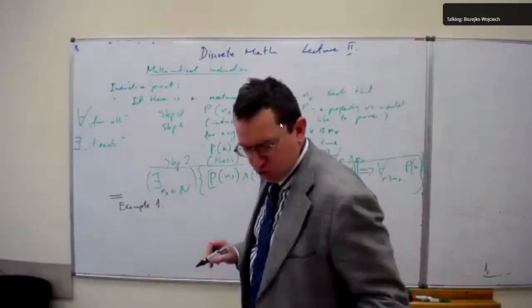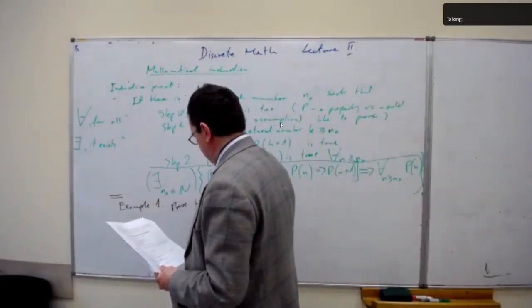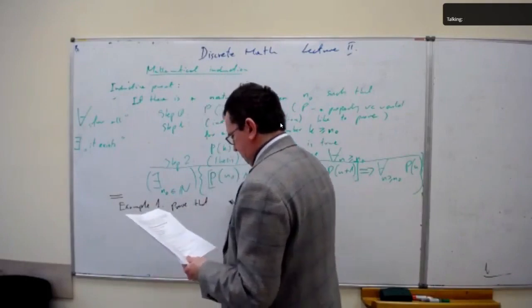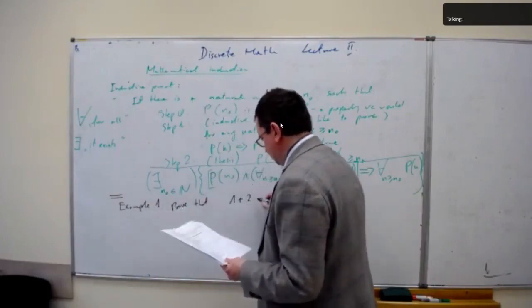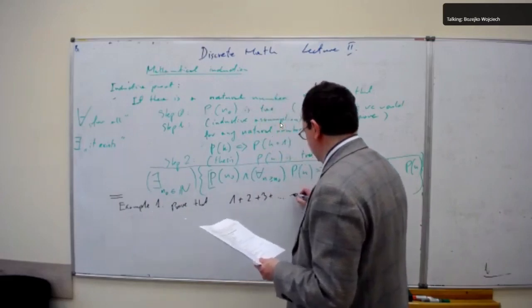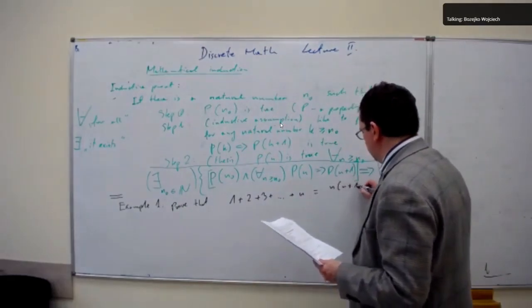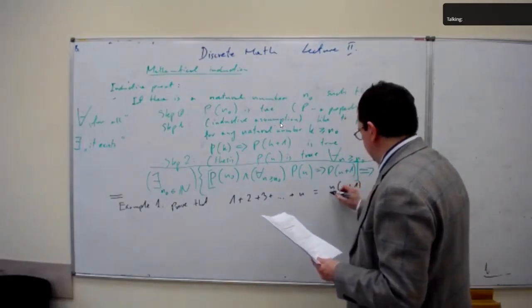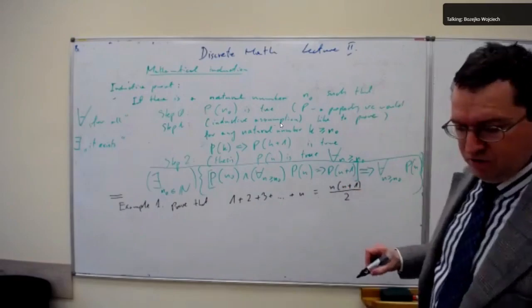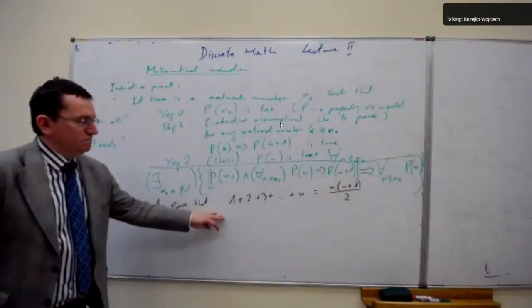Let us try to prove that the sum 1 plus 2 plus 3 and so on plus n is n times n plus 1 divided by 2. Of course, this is a very well-known equation.